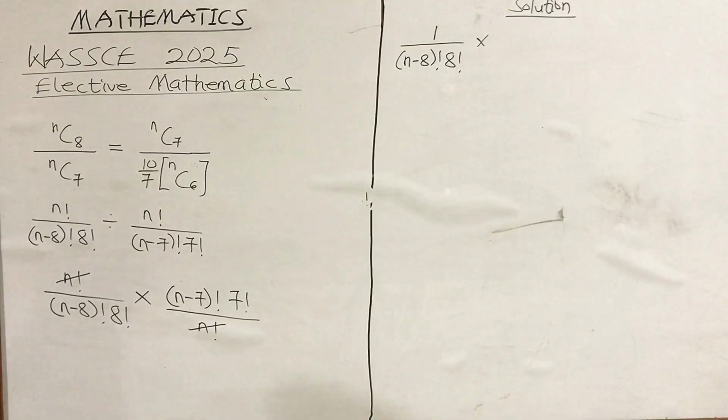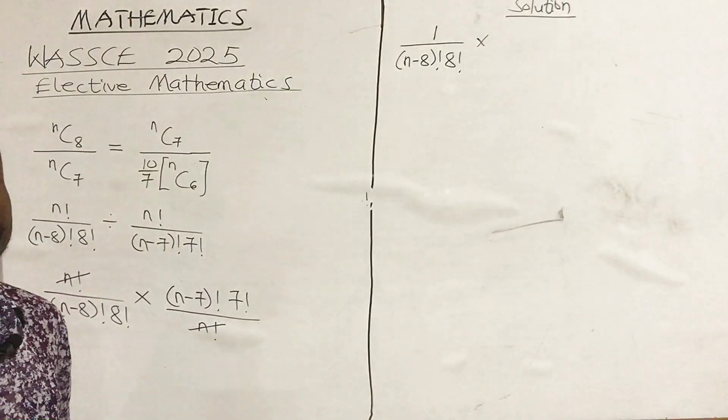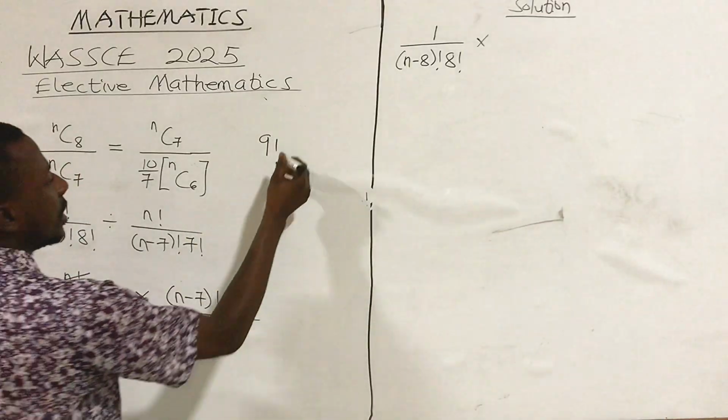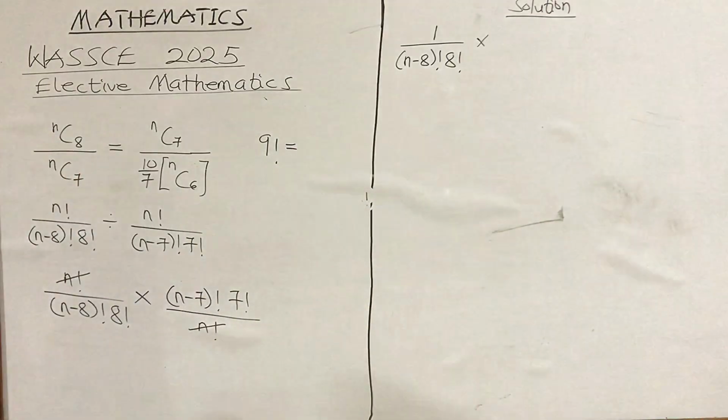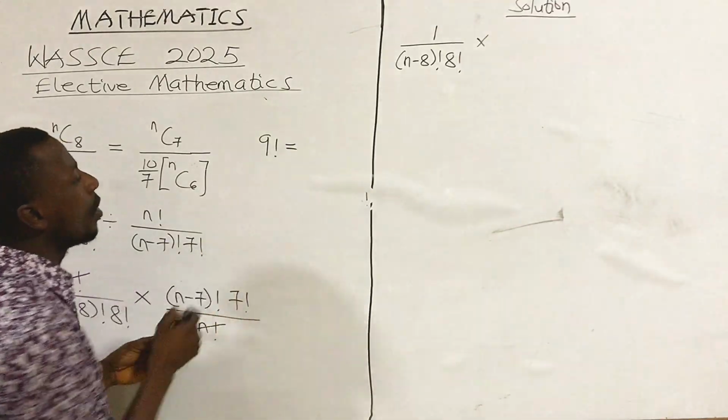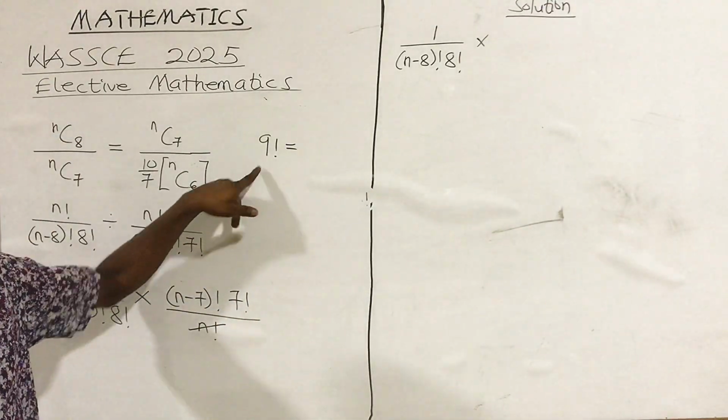Anytime we are dealing with factorial, for example, to find 9 factorial, we always start with the number given.